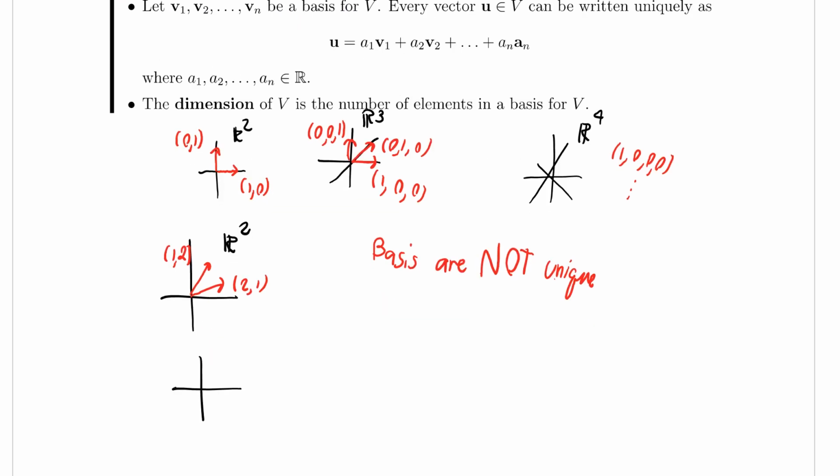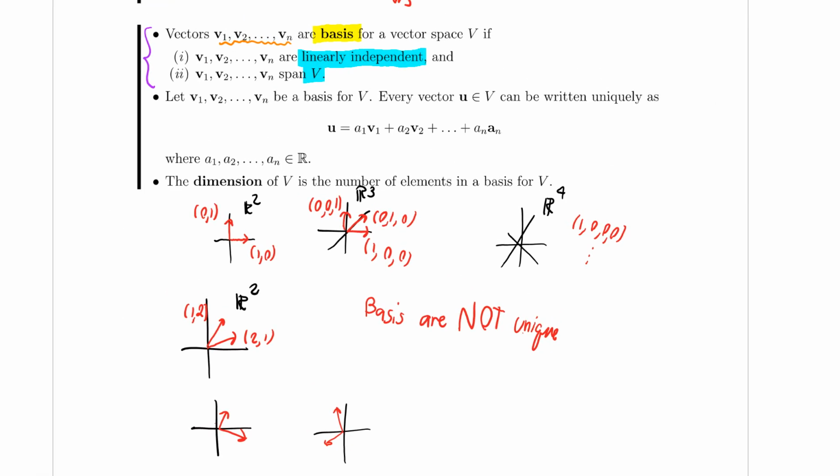As long as the two vectors are linearly independent and span the entire R squared, they are always going to be a basis of R squared. So they can be anything. There's a bunch of possible choices of basis here.